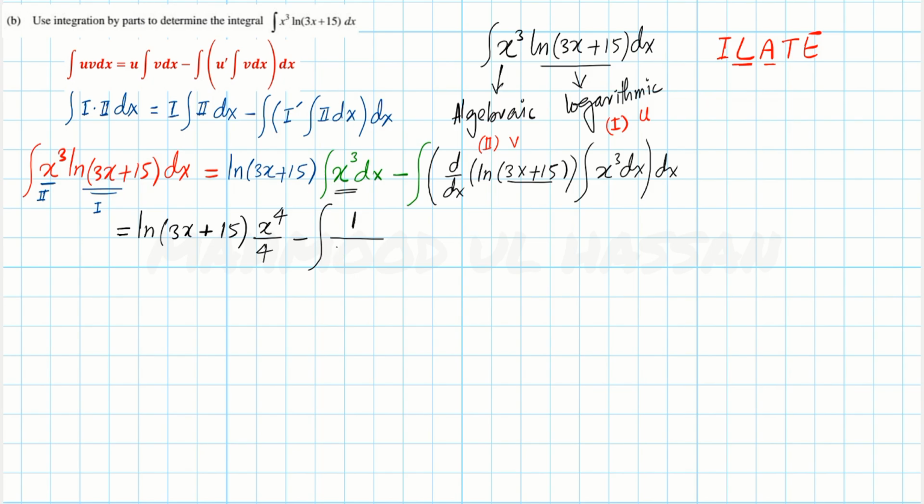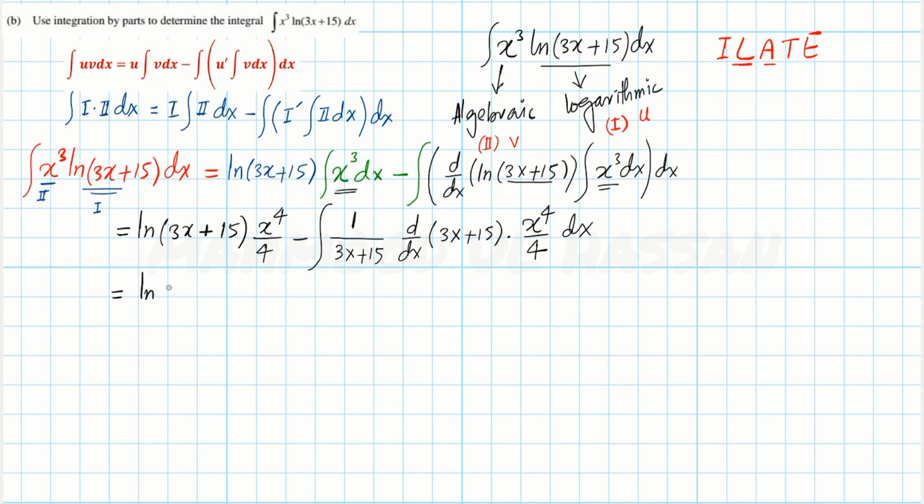So we will divide by 3x plus 15, and then we have to take the derivative of the argument again by chain rule. So this is going to be the derivative of 3x plus 15, and here the integral of x cube is basically x to the power 4 divided by 4 and dx. Is it okay?